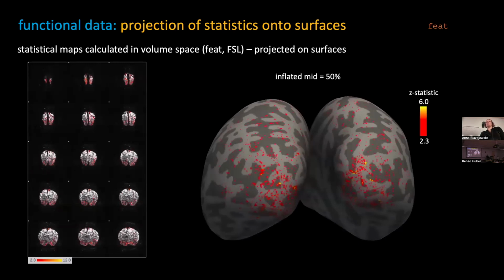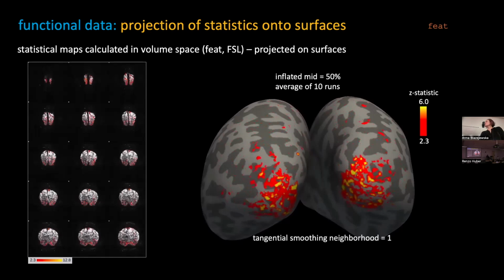But what we can do, because we have all this fMRI data, we have transformations for them to the anatomical space, we can actually project all of the statistics acquired in this volume space and average them. And this is the average over 10 runs. I didn't clean it up or anything. It's just really to show you how this works. And this is a smooth version, by the way, with just a very, very tiny bit of smoothing.